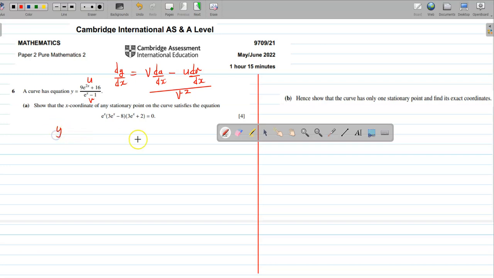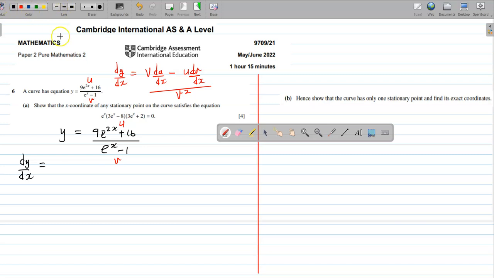So we have y equals 9 e to the 2x plus 16, over e to the x minus 1. So dy by dx is v, so remember this is u, that's u, and that's v.